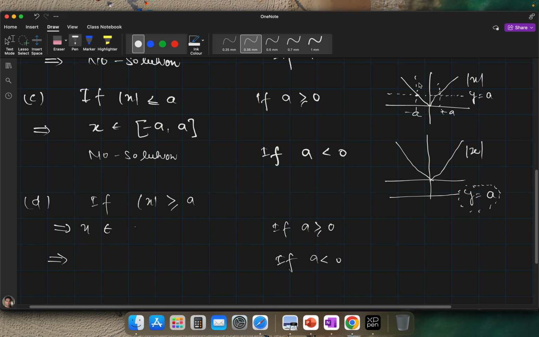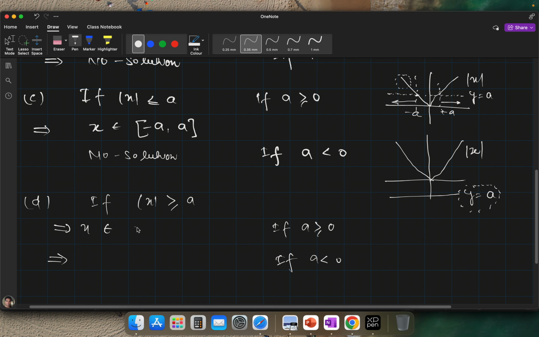So you can see that mod of x will be always greater than 0 when the domain will be larger than a and smaller than minus a. So you can see that the mod of x graph is always above this y equal to a line. In this domain mod of x is always larger than a, and in this case also mod of x is always larger than y equal to a.